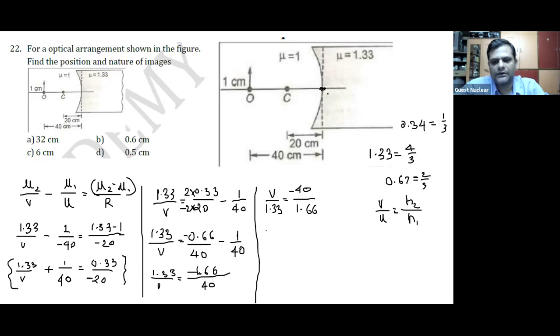Okay, and 1.33 can be written as 1 plus 1/3, मतलब 4/3 actually, and 1.66 can actually be written as 5/3. ओके, इसको अगर हमने 5/3 लिख दिया और यहाँ पे अगर डाल दिया तो हमको मिलेगा v अपॉन 4/3 is equal to -40 अपॉन 5/3.